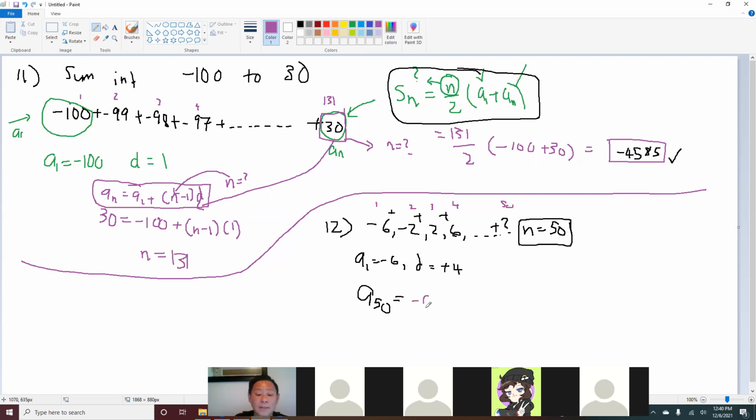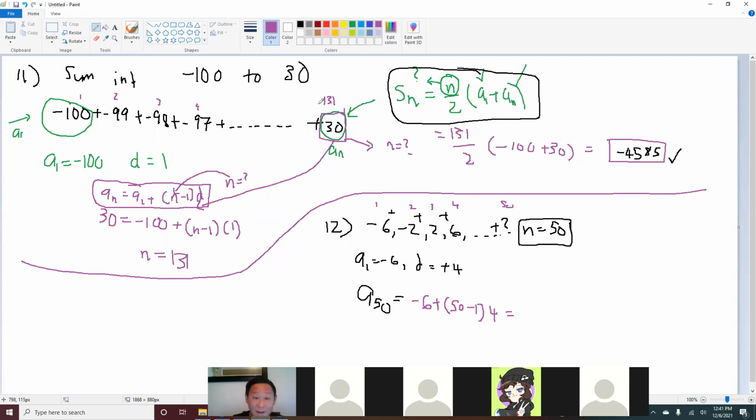So we got -6 plus, n in this case is 50, so 50 minus 1, this is n minus 1, times D, in this case 4. So this one is not that difficult. If a question did not provide us the last term, you have to find the last term first.